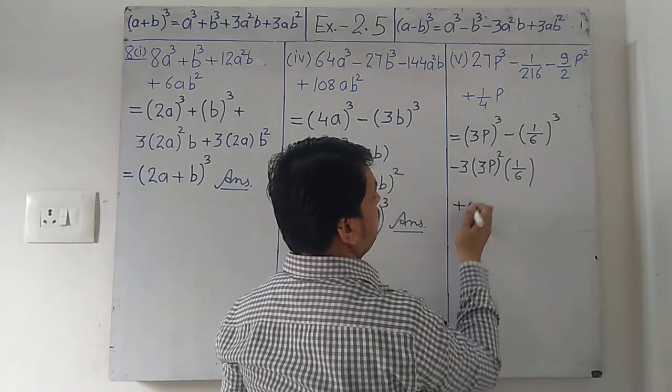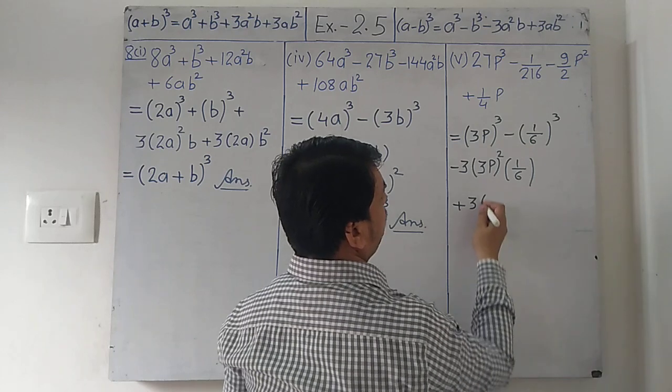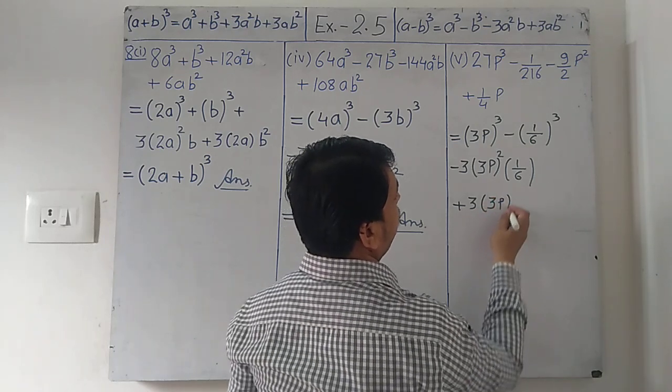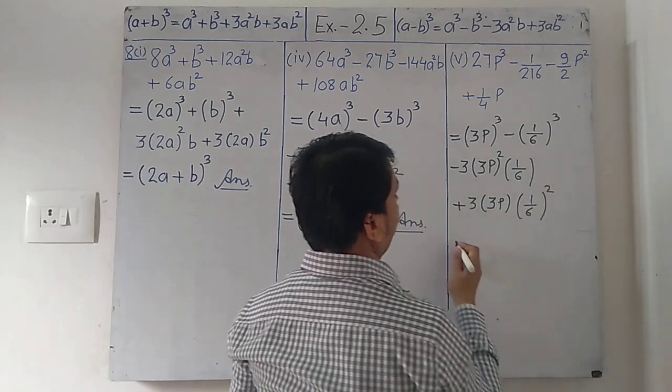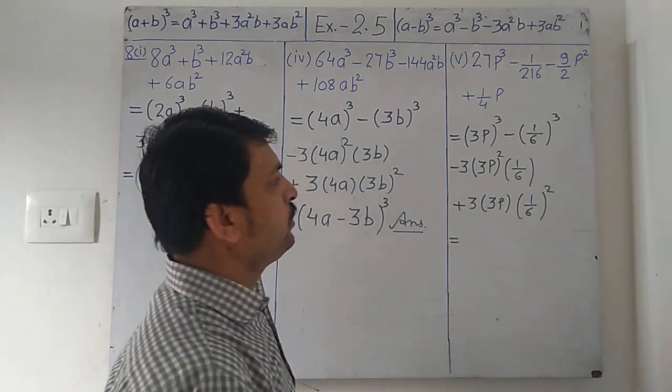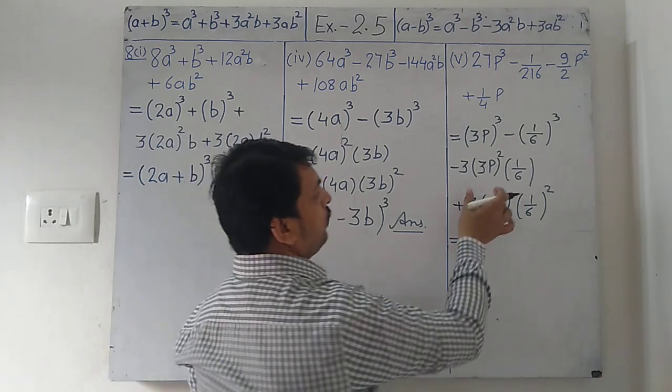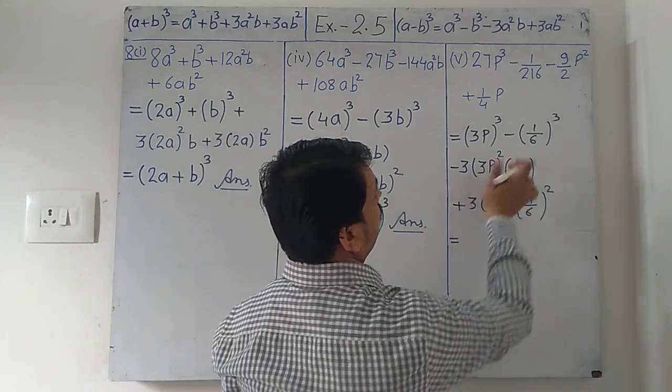The last term is plus 3ab square, where a is 3p and b square is (1 by 6) square.